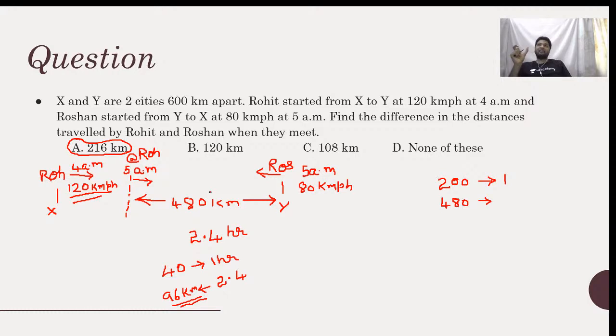In addition to that 96 kilometers, for the first 1 hour from 4 a.m. to 5 a.m., he has covered another 120 kilometers. Therefore, the distance covered by Rohit more than Roshan is 120 plus 96, which is 216 kilometers. Is that clear? Okay.